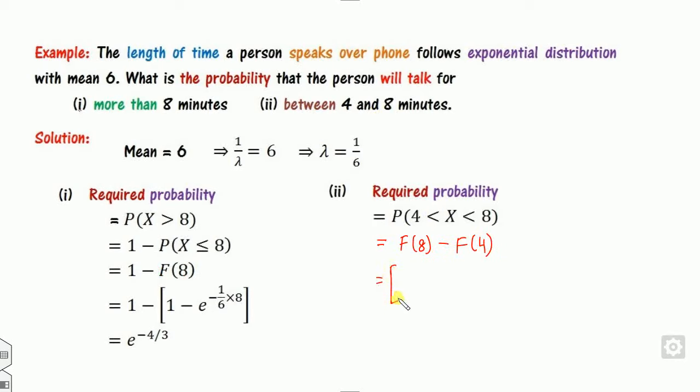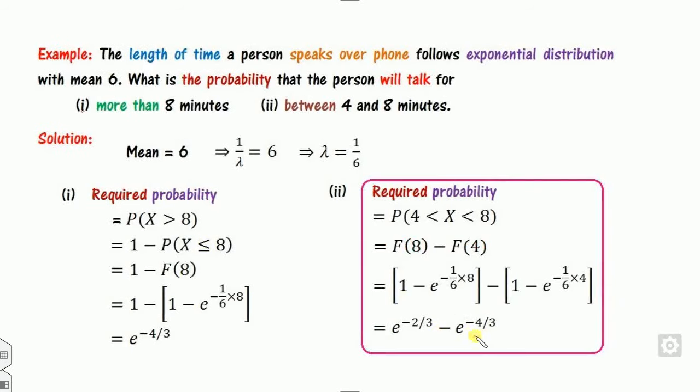You can substitute the value of F of 8, which is 1 by 6 times 8, minus 1 by 6 times 4. After solving you will get this expression. This is 4 by 3, this is 2 by 3. So all these expressions are with the help of the CDF.